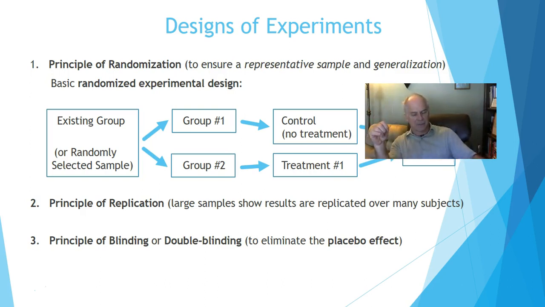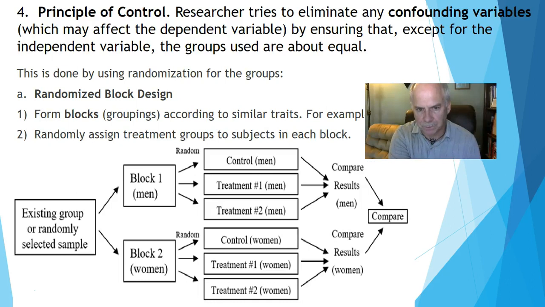Okay. Now, a double-blind experiment is when not only that, but the persons giving the treatment don't know whether they're giving the real treatment or not. So the nurses that gave him that device, maybe they didn't even know whether the device was the real thing or a fake device. That's called double-blind. Okay.